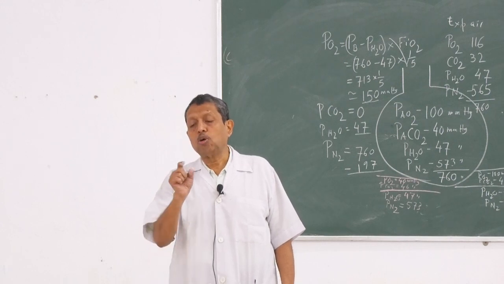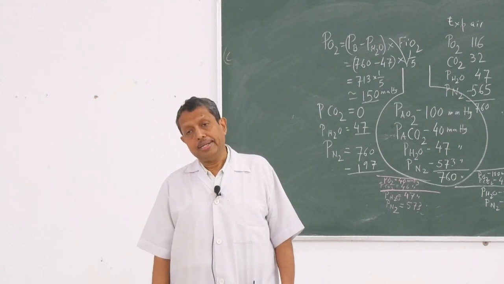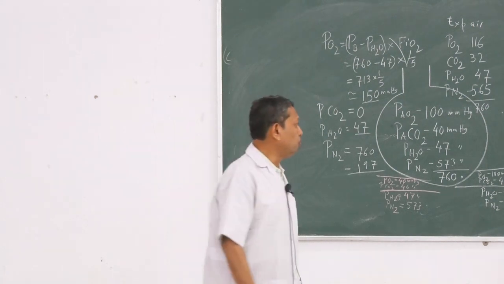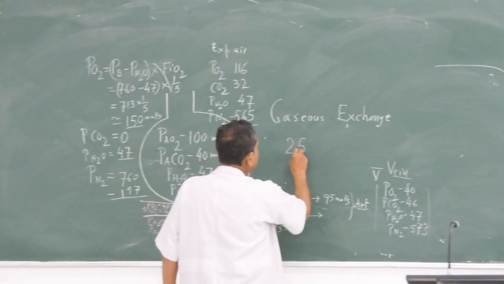And from the oxygen hemoglobin dissociation curve, you can have the idea. Normally in health, 250 ml of oxygen is entering.